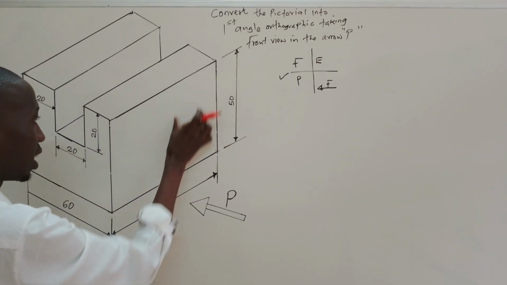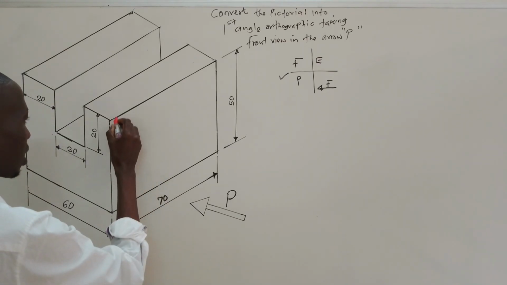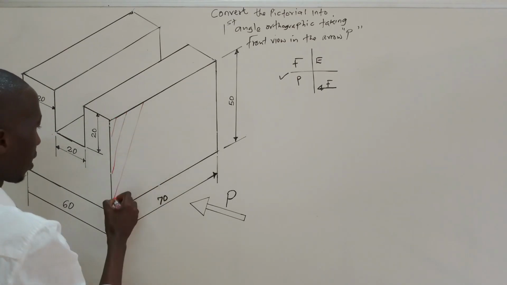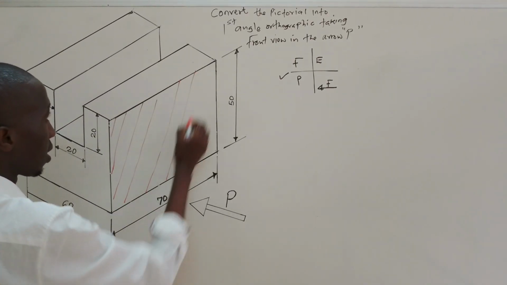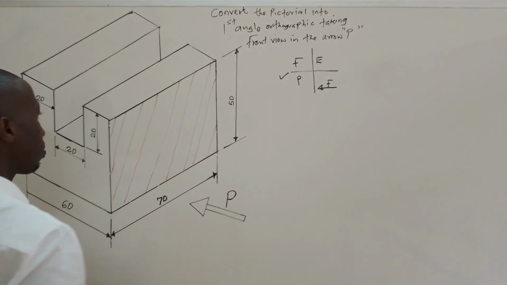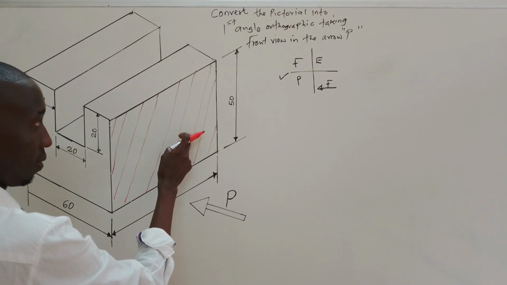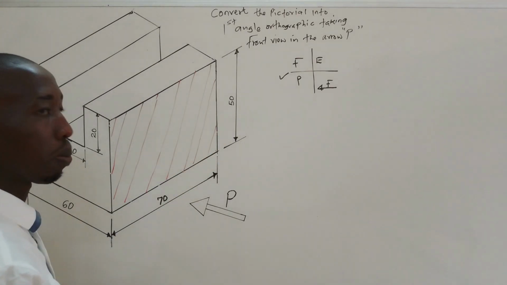It will take the shape of a rectangle, so let me mark this as my front elevation. But remember, in this front elevation, we will have some hidden lines.